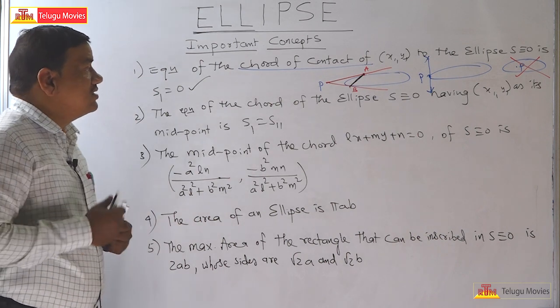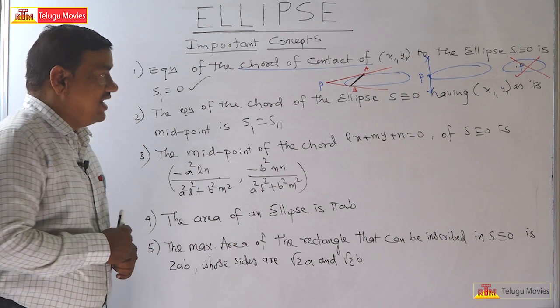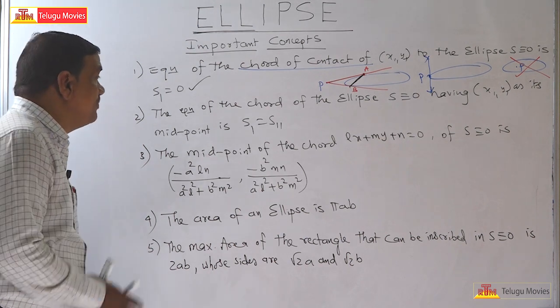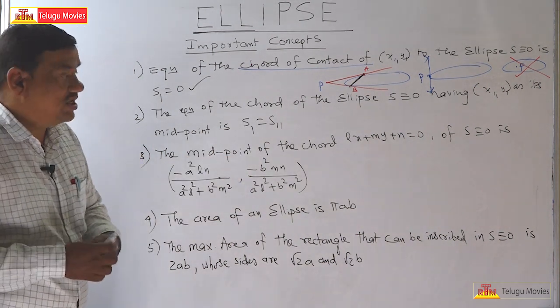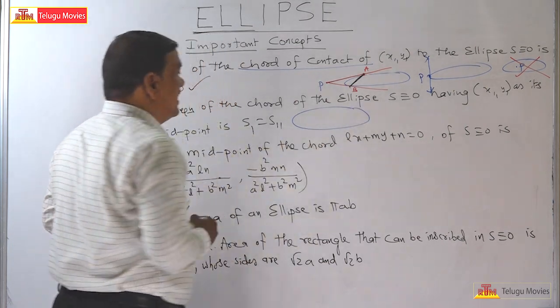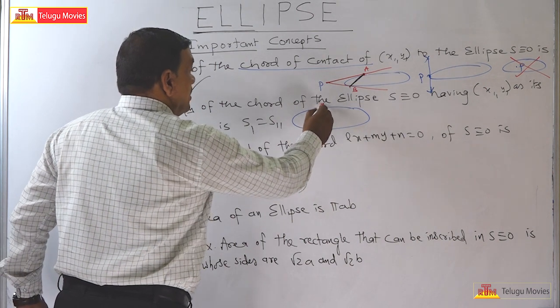So coming to the second point, the equation of the chord of the ellipse S is equal to 0 having x1, y1 as its midpoint is S1 is equal to S11. So this is also a very easy concept. Let us take an ellipse, whatever that ellipse may be. Let us take any chord AB.